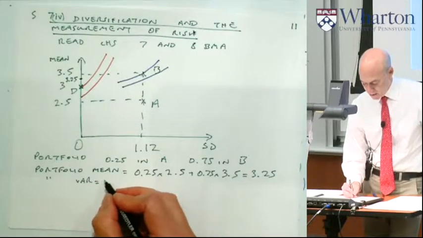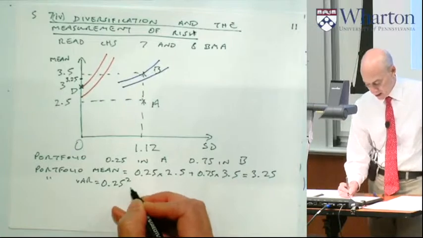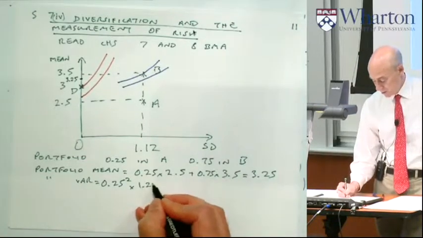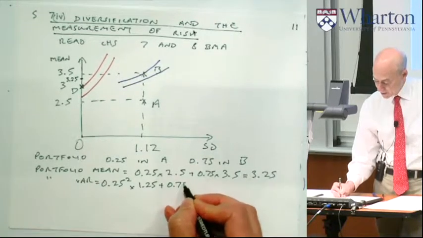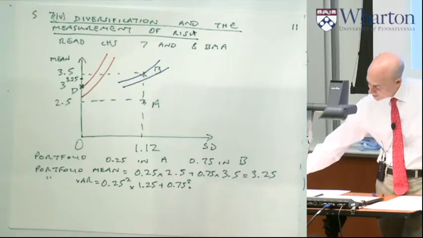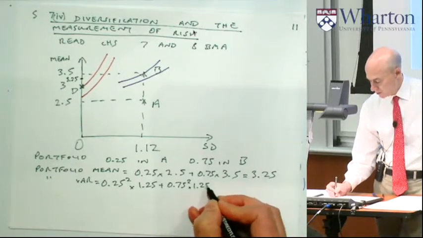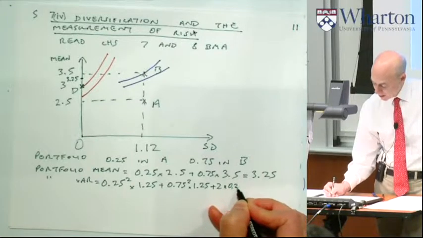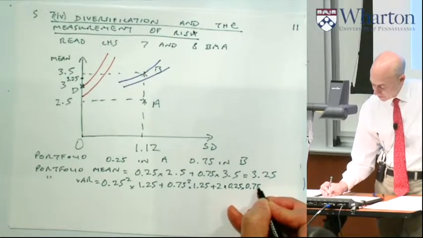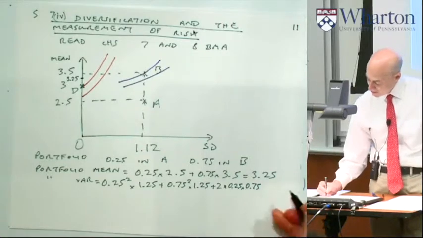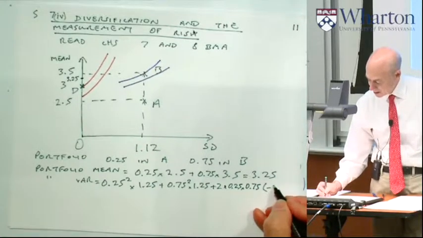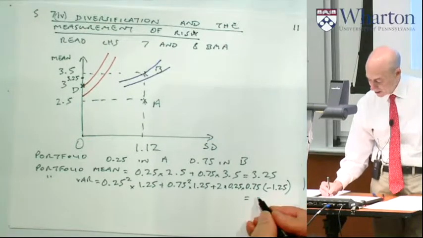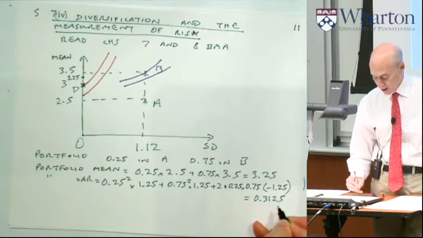So what we've got there is 0.25 squared times the variance of A, which is 1.25, plus 0.75 squared times the variance of B, which is 1.25, plus 2 times 0.25 times 0.75 times the covariance, which is minus 1.25, and if you work that out, it's 0.3125.